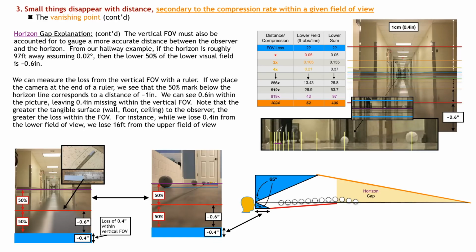And so if I extrapolate the vertical field of view to the upper aspect of vision, it comes out to roughly 16 feet. You can just do that with basic trigonometry using that 65-degree angle. We'll cover this more in the next slide.